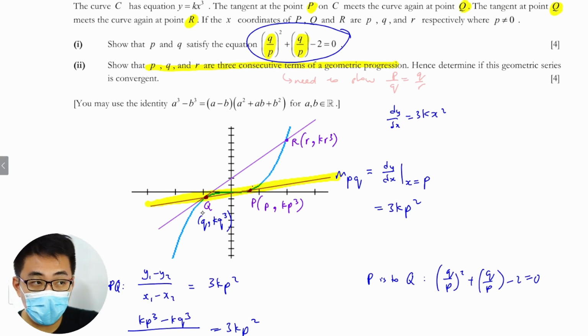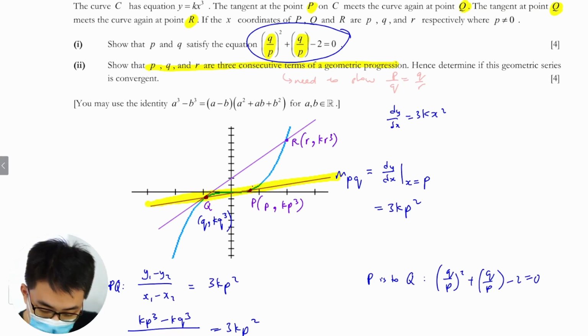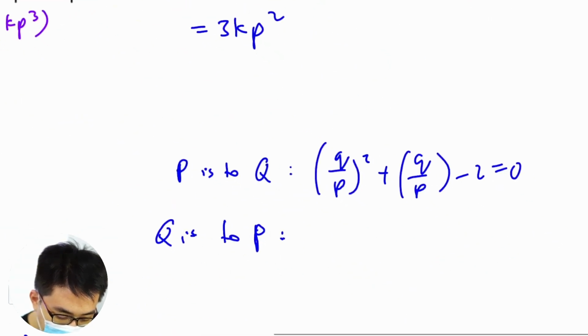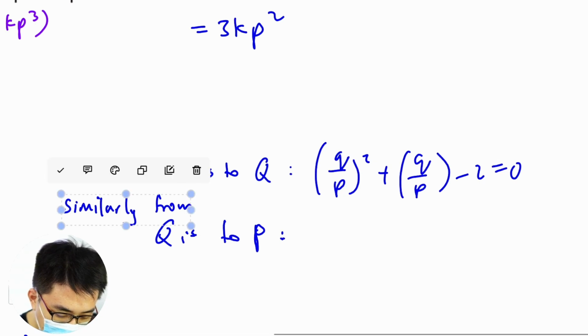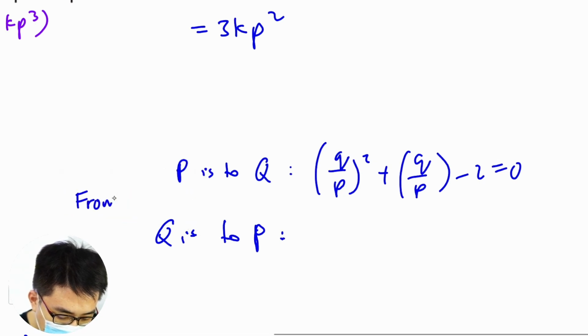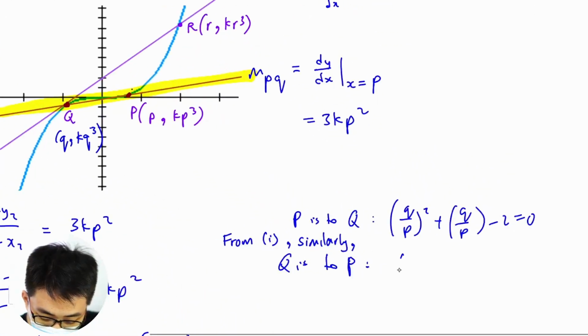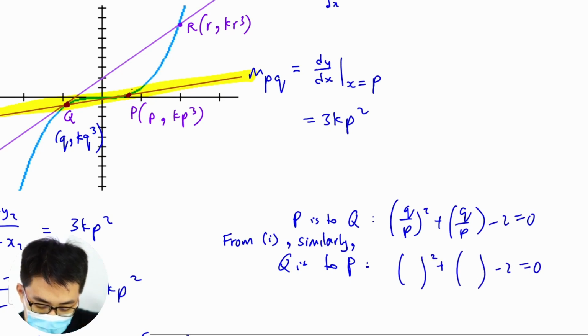So similarly, if Q is a tangent to R, from 1, just from 1, similarly, Q is to R would give you the same result here.